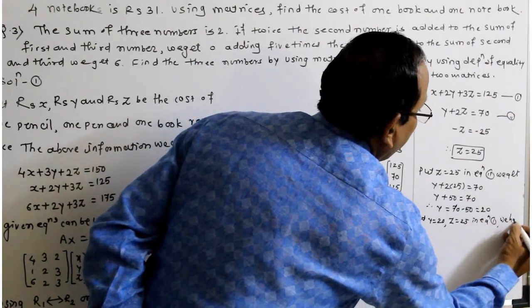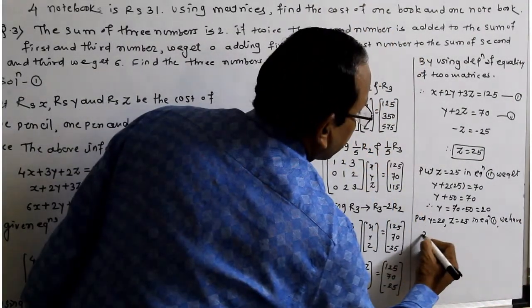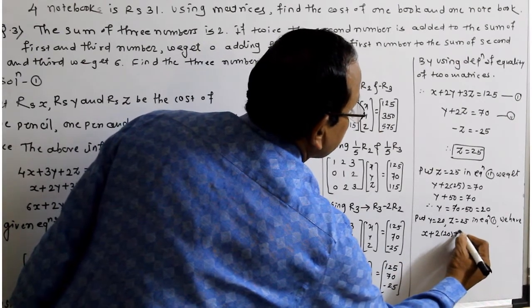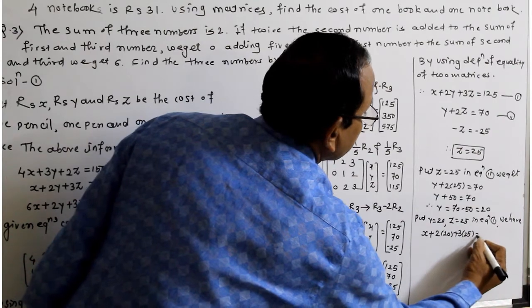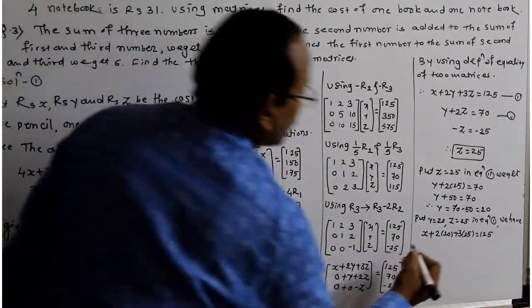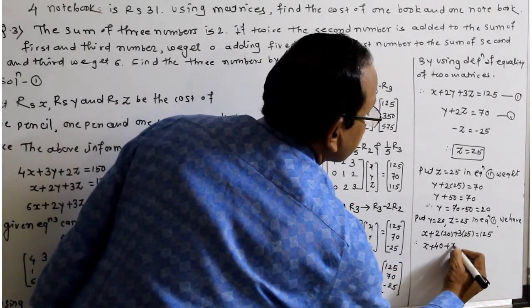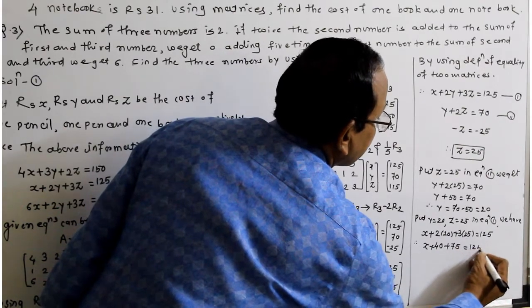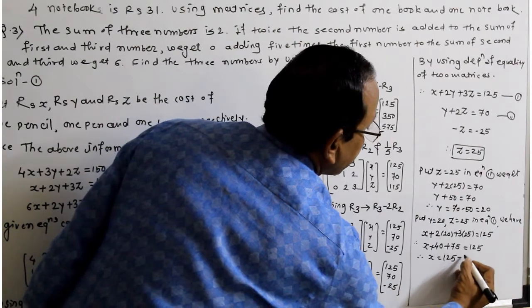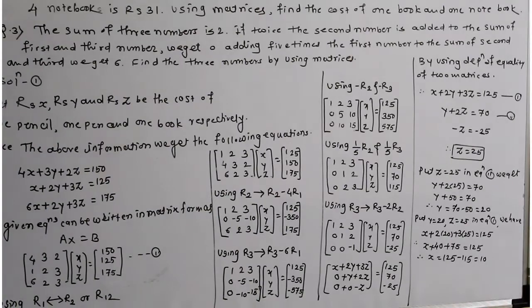We have x plus 2 into 20 plus 3 into 25 is 125. So x plus 40 plus 75 is 125. Therefore x is 125 minus 115, which is equal to 10.